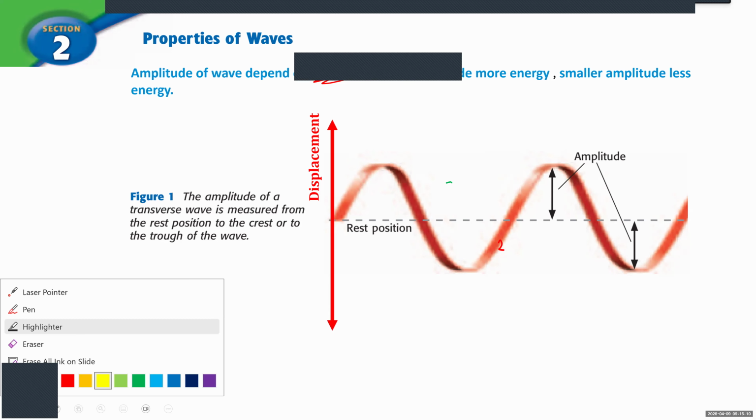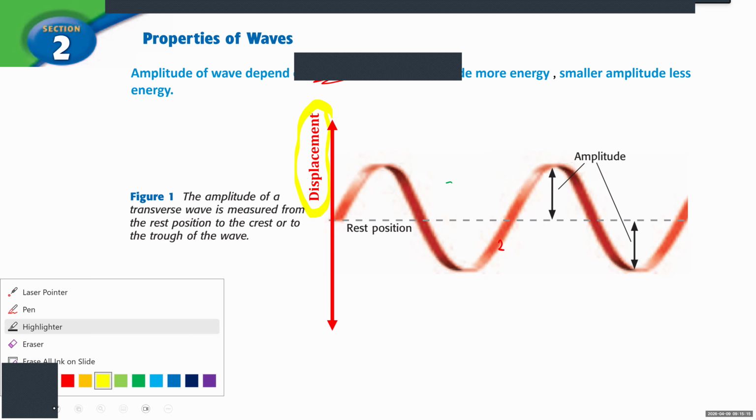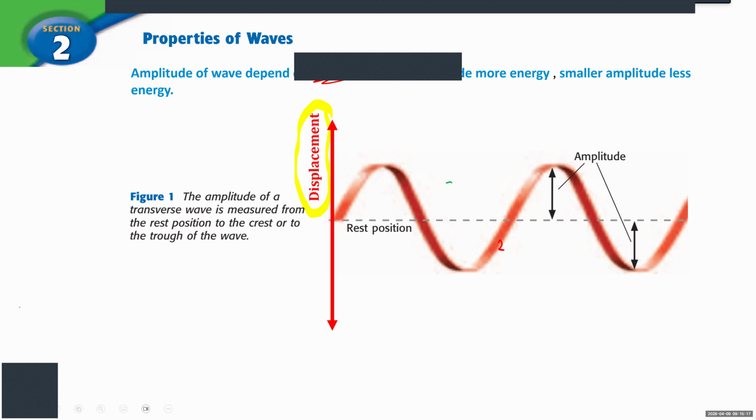The y-axis must be displacement. So the maximum displacement from equilibrium position is the amplitude. The maximum displacement from equilibrium position in the other direction is the trough, and this is the crest. This is about amplitude.